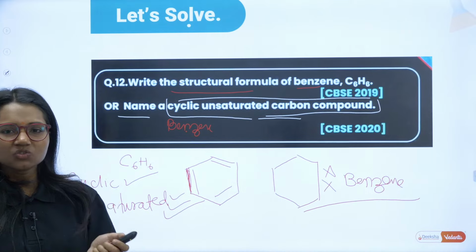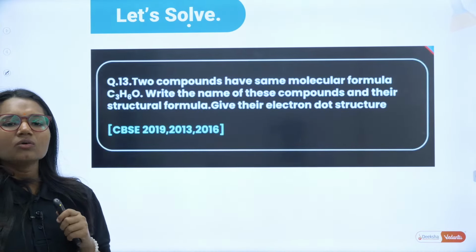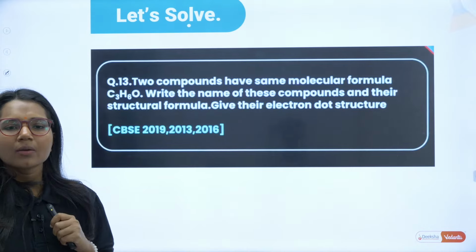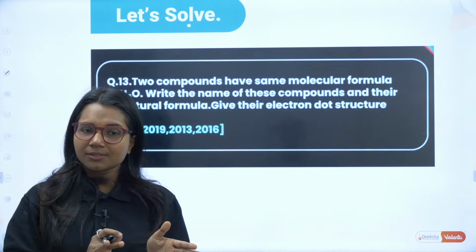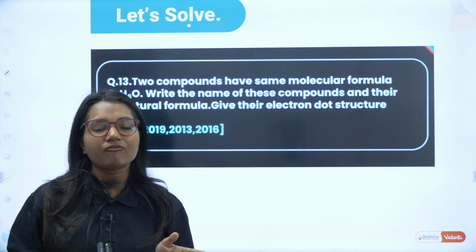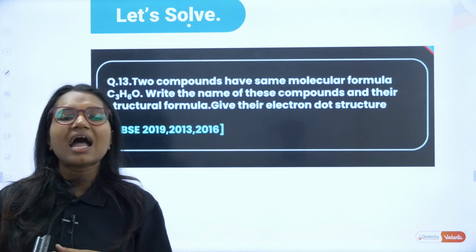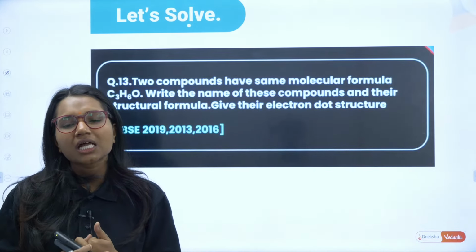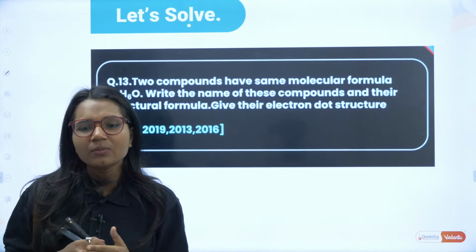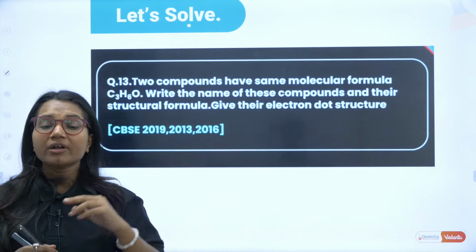Yes. Chalo. Here is our next question. Two compounds have the same molecular formula. There are two different compounds and they have the same molecular formula. You have to write the names of the compounds and their structural formula. Give their electron dot structure. So can you tell me the answer for this? There are two different compounds.